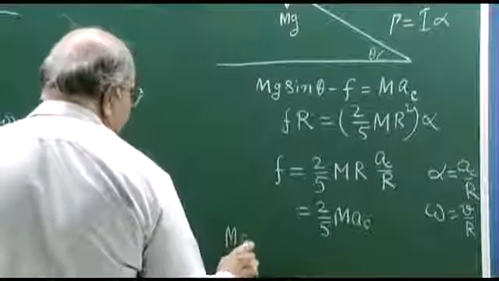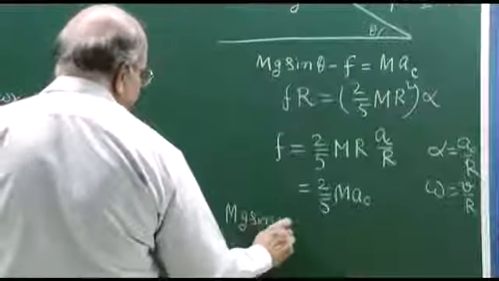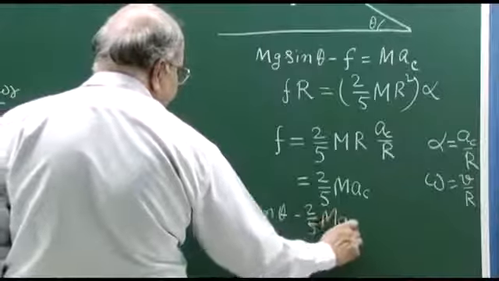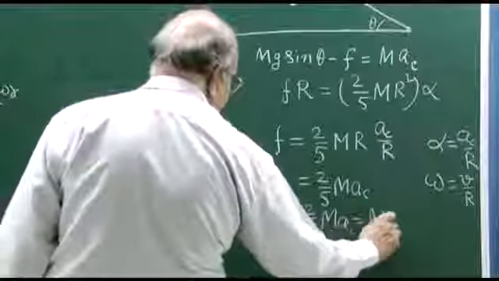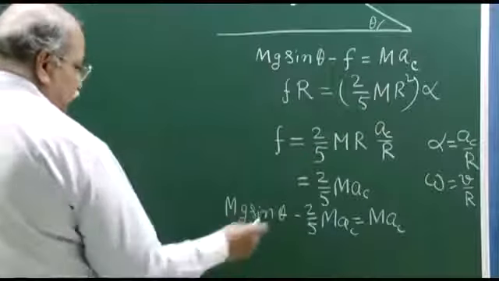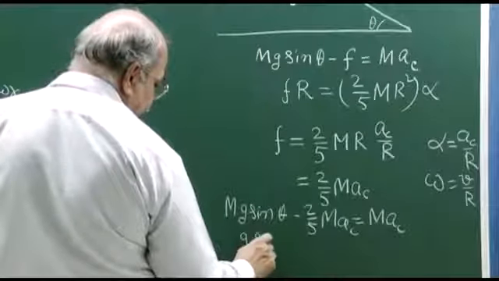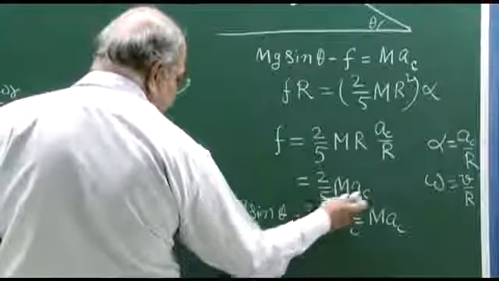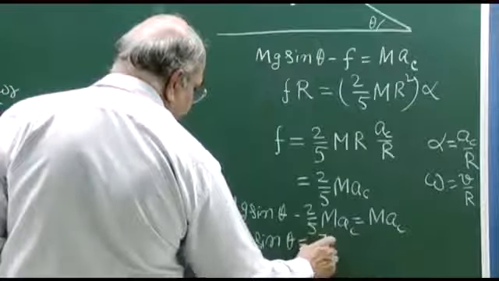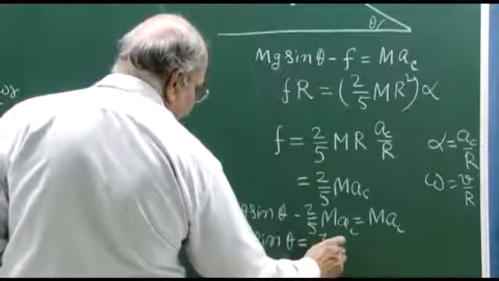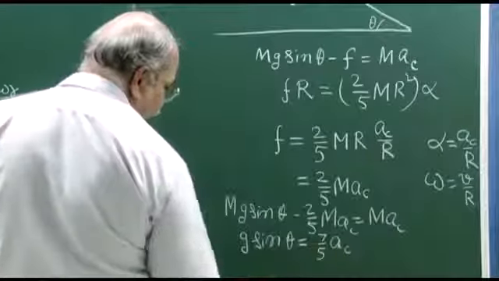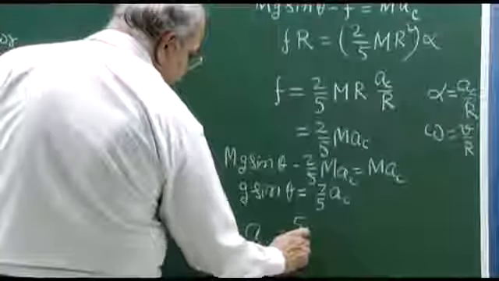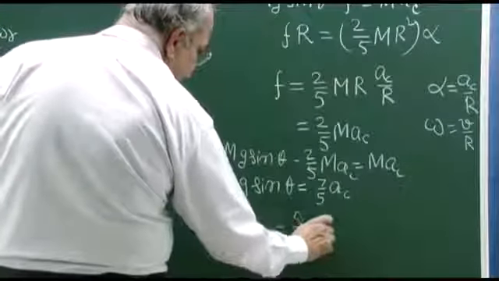So, mg sin theta minus 2 by 5 m AC. The m cancels out everywhere, so g sin theta is equal to 2 by 5 AC; adding it here, that becomes 7 by 5 AC, and hence the acceleration is 5 by 7 times g sin theta.